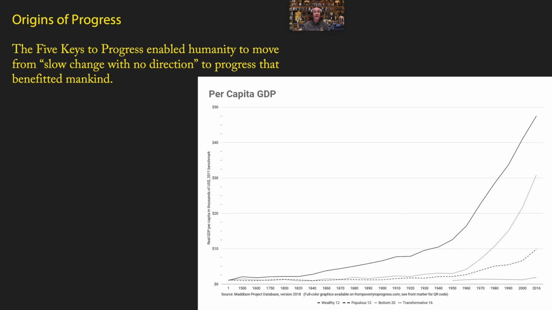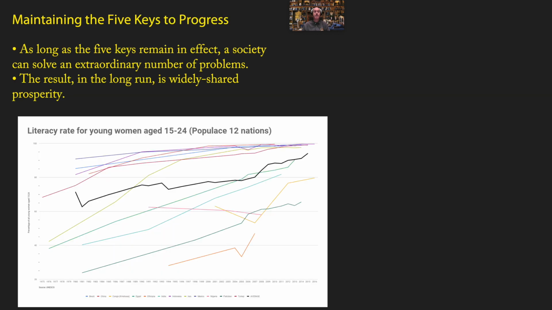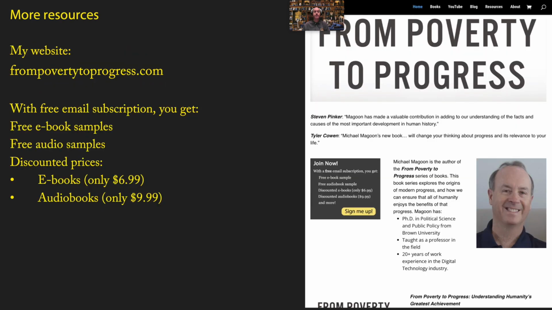Now, many societies did it much earlier than others, but the trend is very clear throughout the world. As long as the 5 keys remain in effect, a society can solve an extraordinary number of problems. The result, in the long run, is widely shared prosperity.